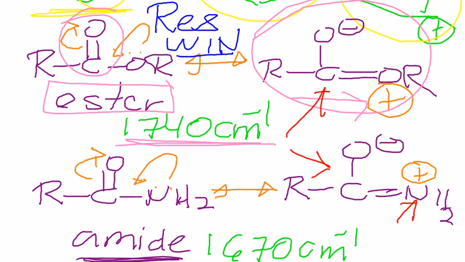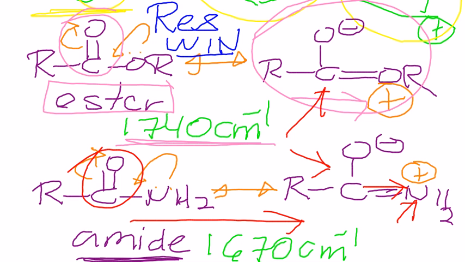In addition, the nitrogen is going to inductively, because of electronegativity, remove more electron density. The less electron density in the carbonyl, the more the frequency is going to decrease. So the more single bond character and the less electron density, the lower the frequency is going to be. So that's the deal, okay? Cool beans.